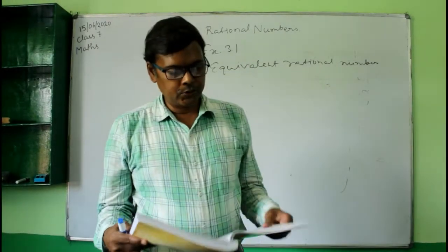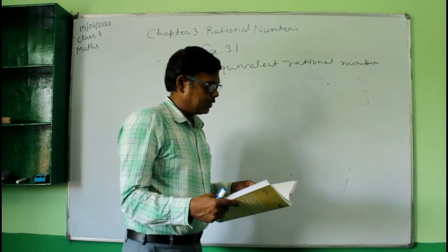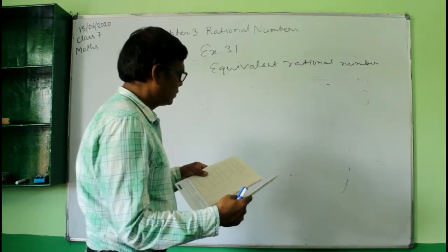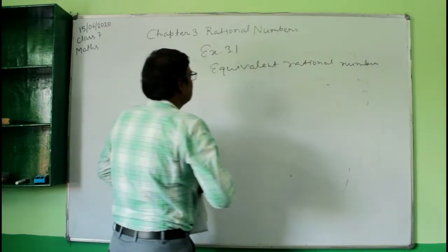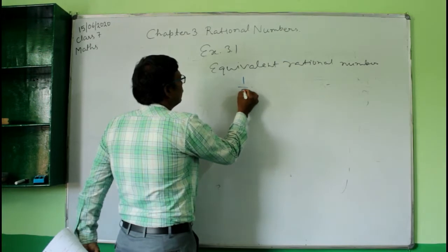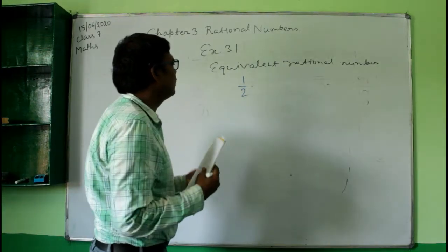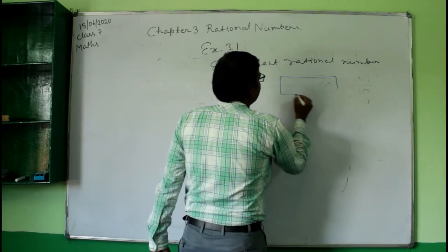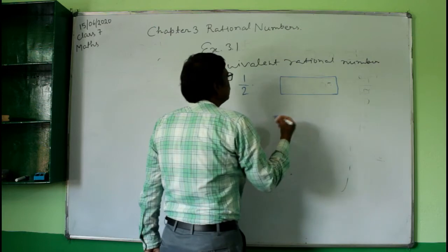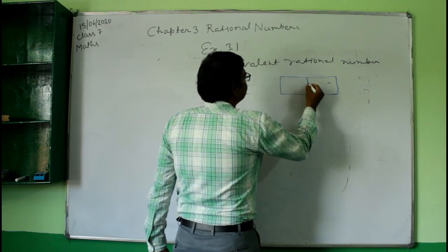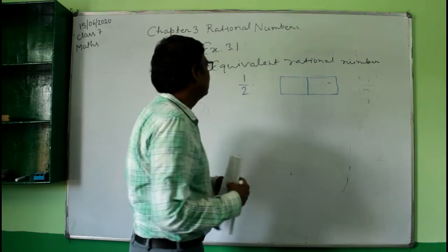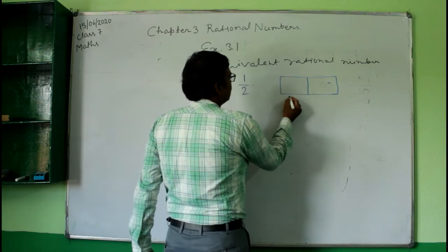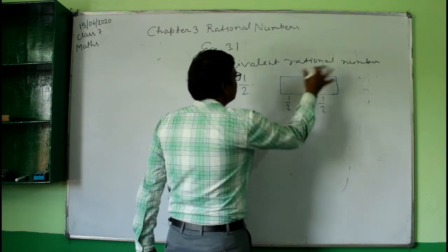So I was explaining to you the equivalent rational numbers. For example, take 1 by 2. 1 by 2 is a rational number. If you draw a diagram like this and divide it into two equal parts, then each part will be a half of this whole.